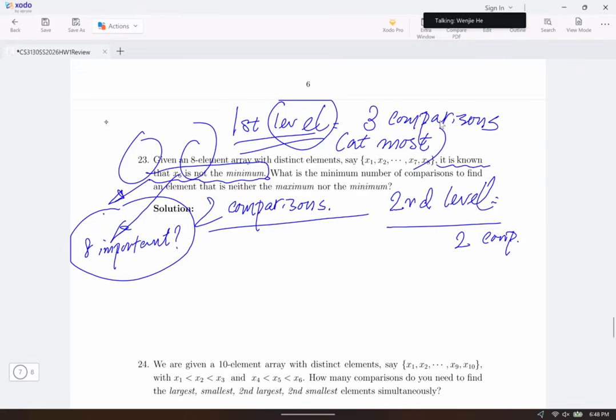So the idea of changing the data size. Think about it. Can we reduce the data size from 8 to 7?